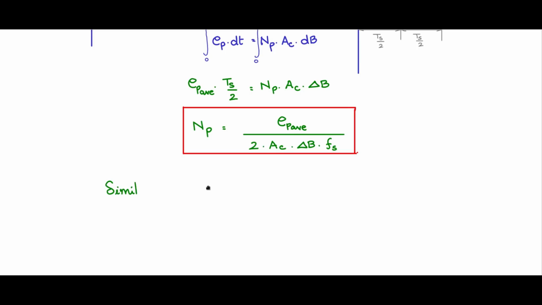Likewise, for the secondary also, you can write it down: Ns is nothing but Es average divided by 2 AC delta B into Fs.